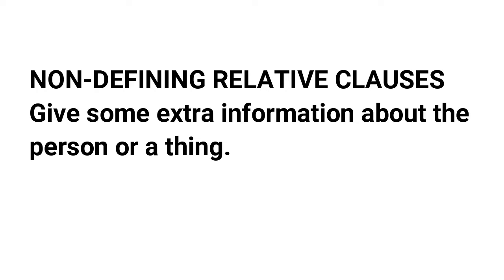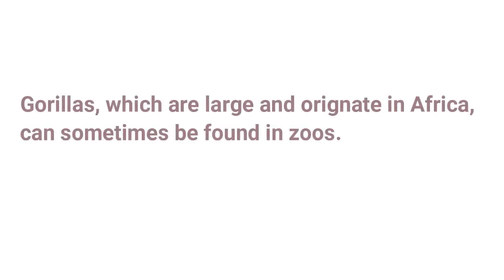Sometimes it may not be required. Let's see some examples. Gorillas, which are large and originate in Africa, can sometimes be found in zoos. This gives some extra information about gorillas. We are talking about all gorillas, not just one type of gorilla.